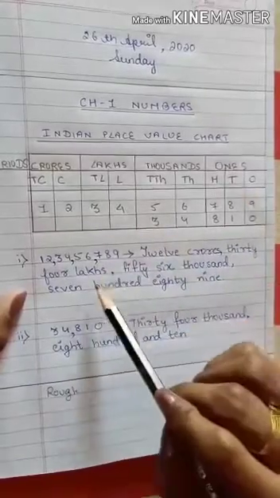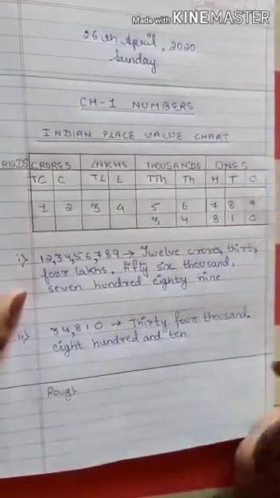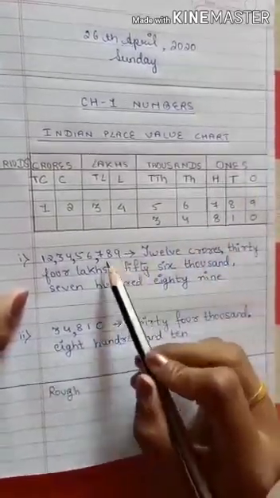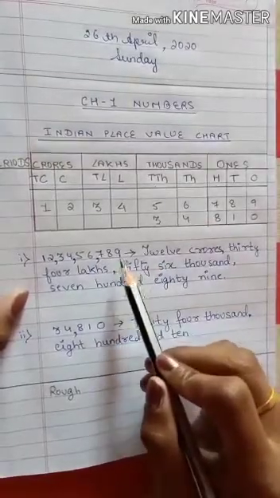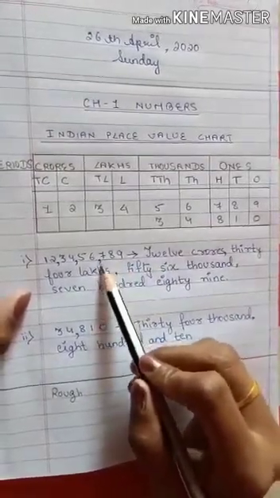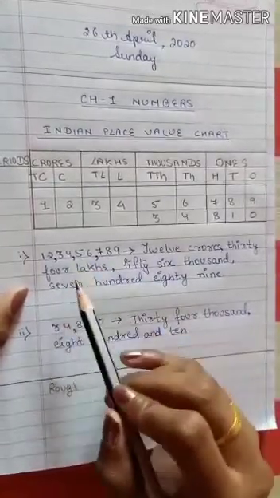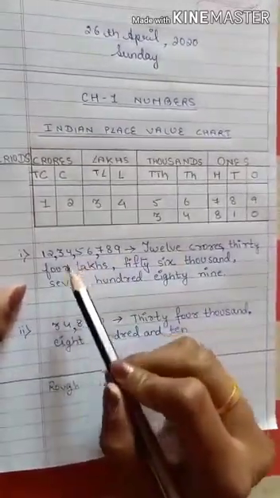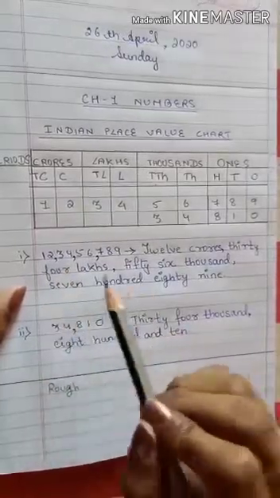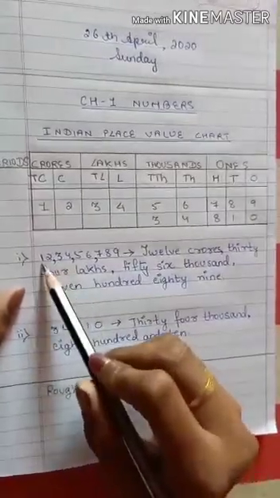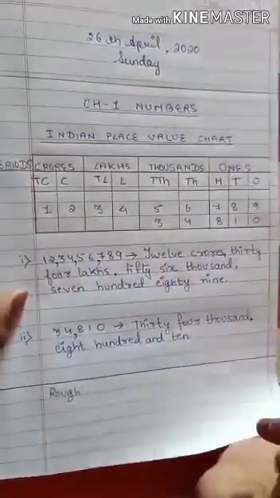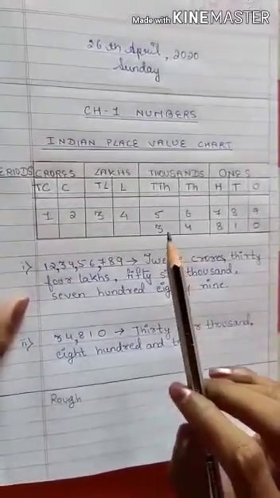You have to put the commas according to the periods. Like you see, this is the first period: ones, tens, hundred. So then comma. This is the second one: thousand, 10,000, comma. Then lakh, 10 lakh, comma. And then crore and 10 crore. So this is the very first step of giving commas.